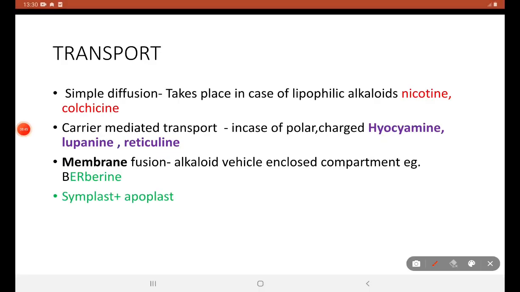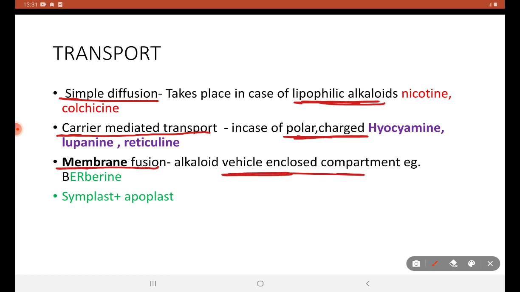Mode of transport: by simple diffusion, by carrier mediated transport, by membrane fusion. Simple diffusion takes place in case of lipophilic alkaloids, carrier mediated transport in case of polar charged, membrane fusion in case of vesicle enclosed compartments. Examples of simple diffusion include nicotine and colchicine.